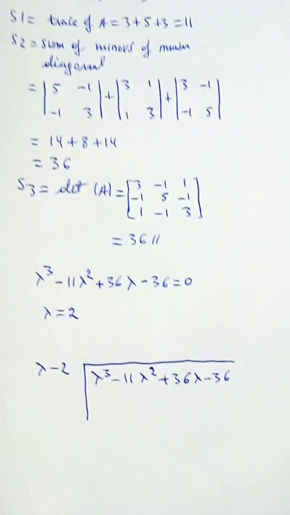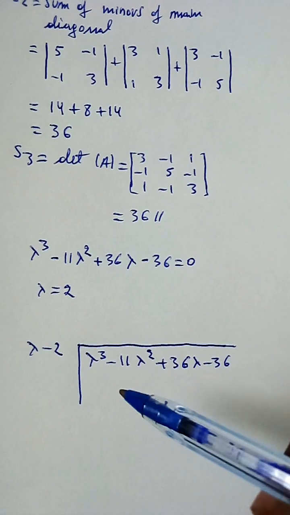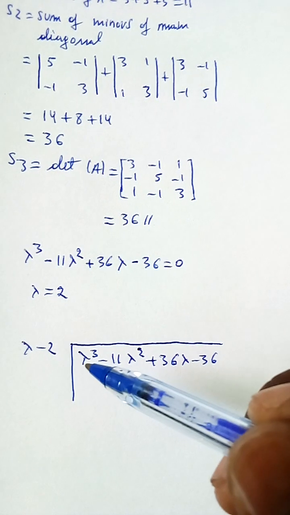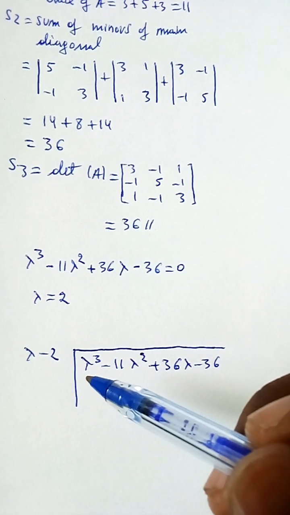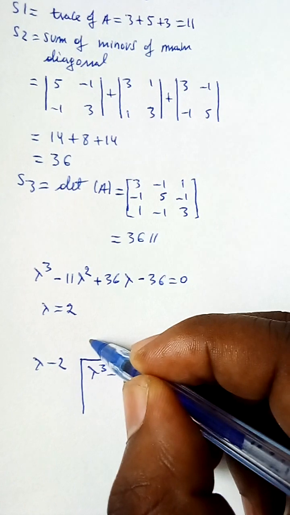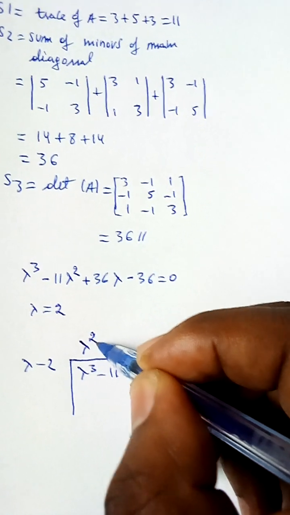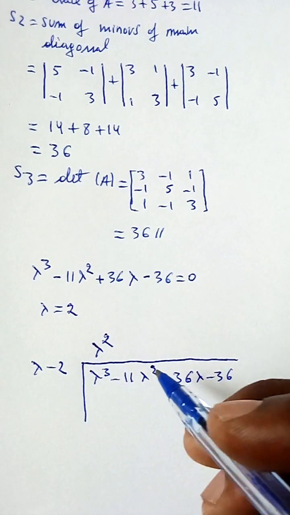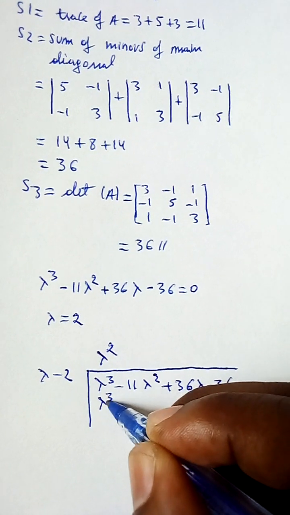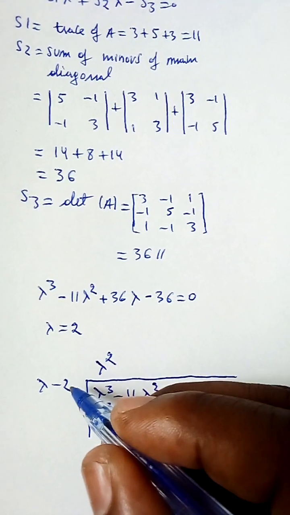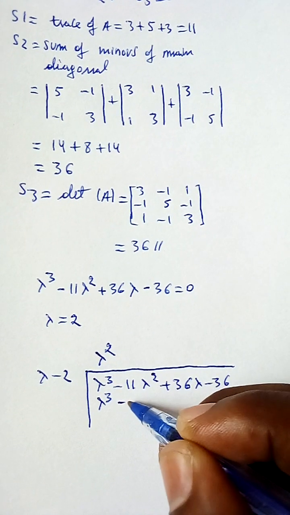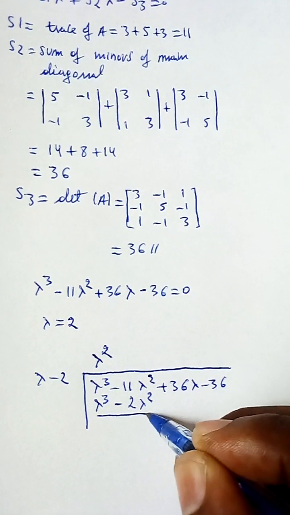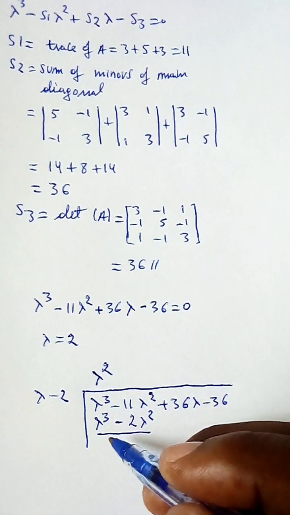So as you see here, we are going to look for the value which we can subtract by this one in order to get 0. So here you take lambda square times lambda, you get lambda cube. Lambda square times minus 2 gets minus 2 lambda square. This one gives you 0.